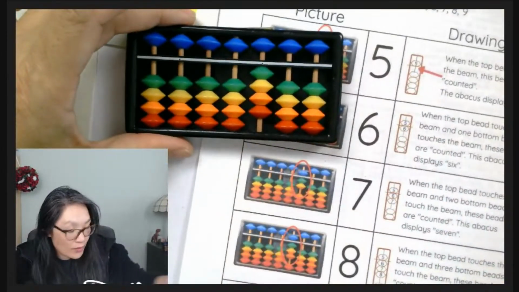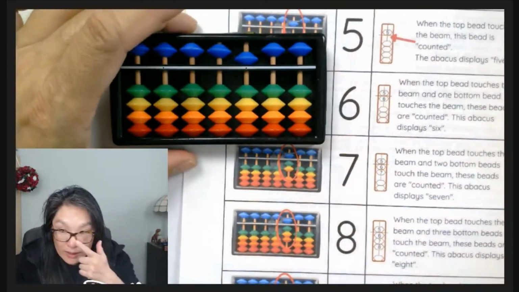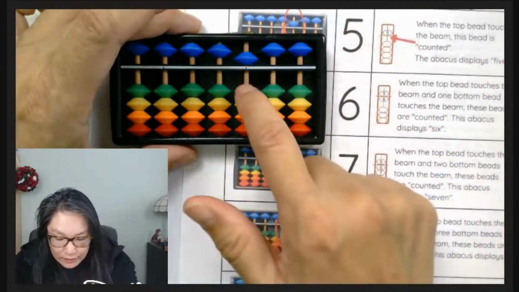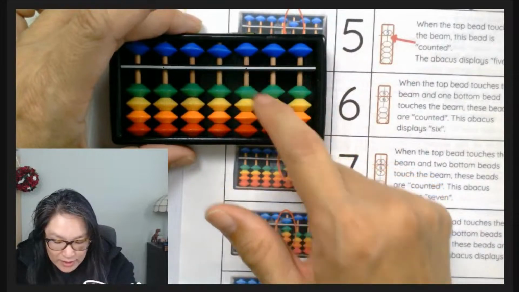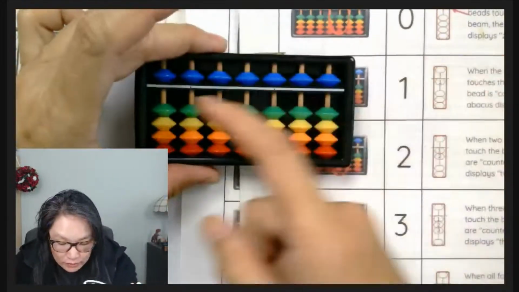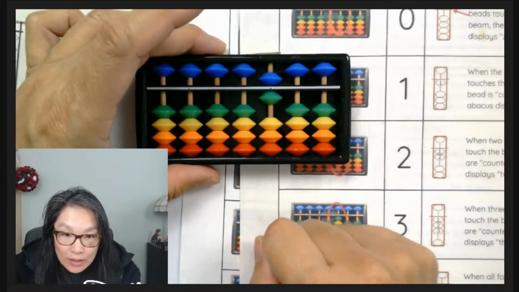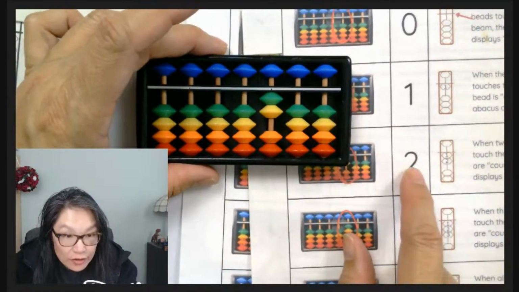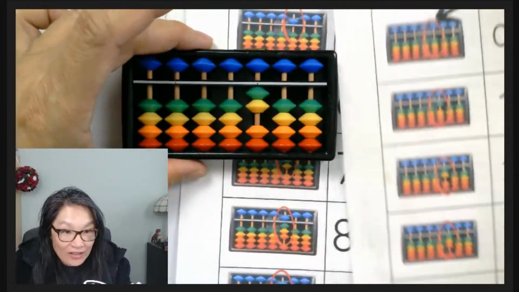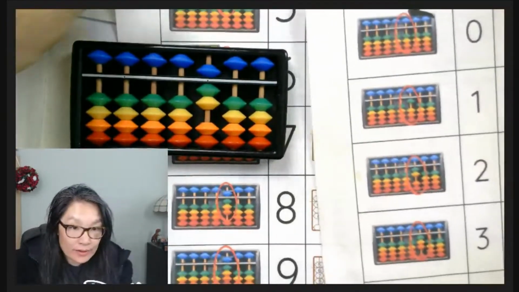If you notice, we have the five, which is the top bead. The top bead will always be five no matter what. Now when we look, we have five and then we have six. Now notice if I have one, it looks very familiar. If I have one and then I add the five, it is now six. Now notice if I have the two, guess what? If I add the five, now we have seven.